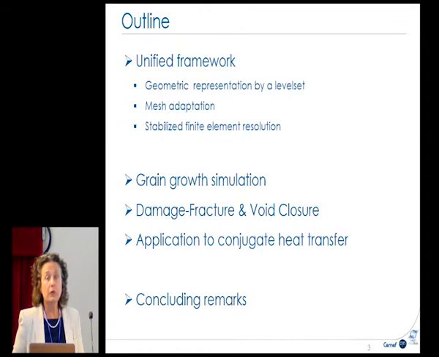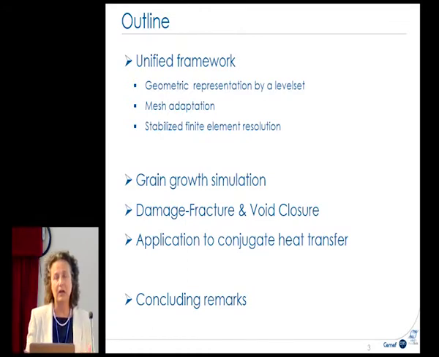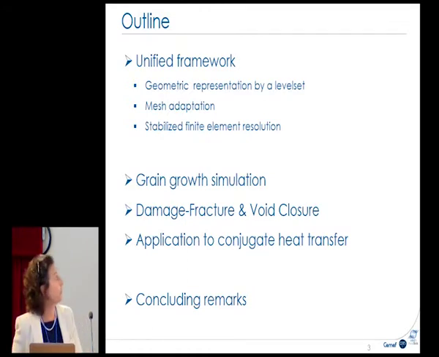Of course, we are talking about forming, so it's large strain, large plastic strain, so it's very important also to have different geometries. And of course, process optimization is strongly required by our industrial partners. So we also have to deal with different geometries, because sometimes the geometries are very complex.